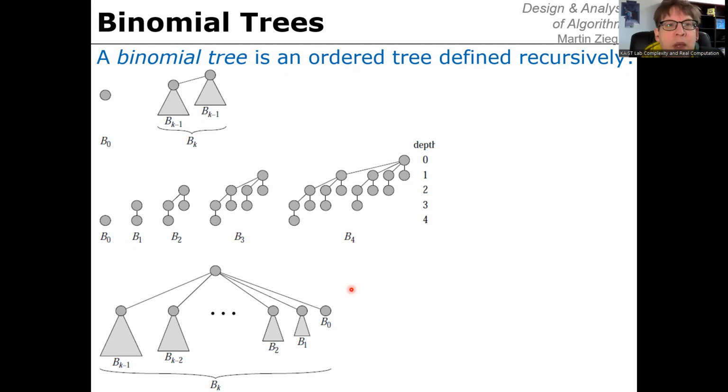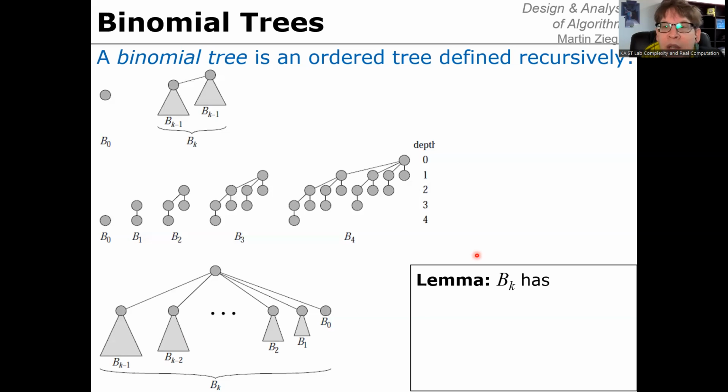In discrete mathematics, induction means we take the induction hypothesis for k minus 1, whereas mathematical induction means we take the induction hypothesis for k minus 1, k minus 2, and all smaller k. Logically both are equivalent, and it turns out that in terms of data structures, these trees are equivalent too.